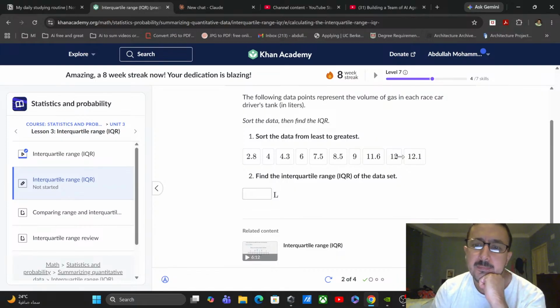Am I correct? What's wrong with my memory? Okay, I got this as a median and this as a median. No, actually I'm going to take this 5. I'm going to take the 5 here and the 5 here.